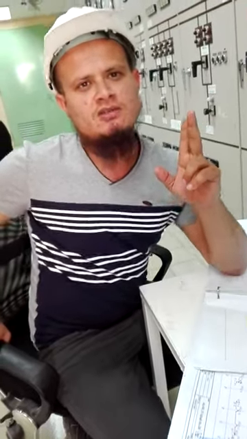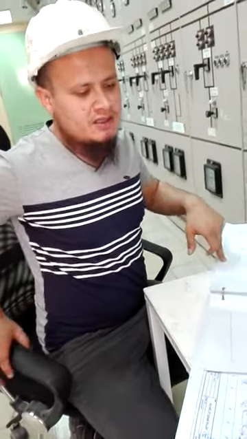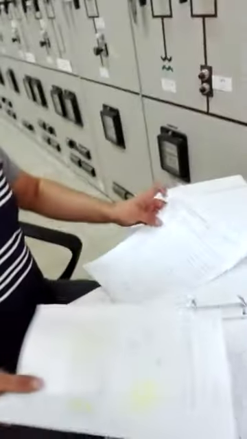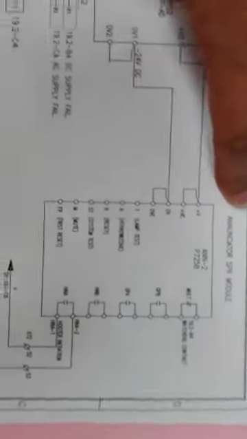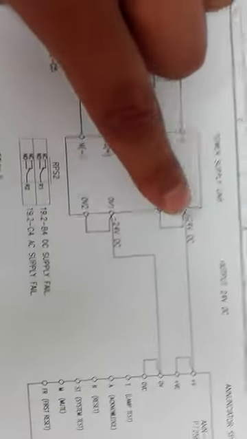So before making any test, you have to go to the drawing and see what the requirement of DC or AC is for your equipment. I will show it here in the drawing, what is required for the annunciator. Now you can see it here. This is my annunciator. My annunciator needs energy of 24 volts.